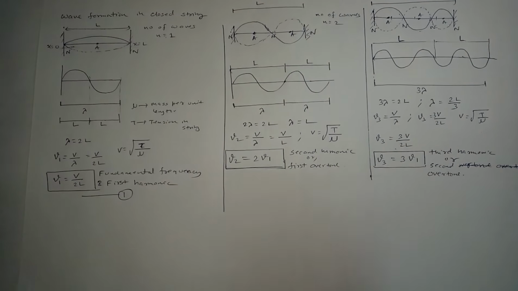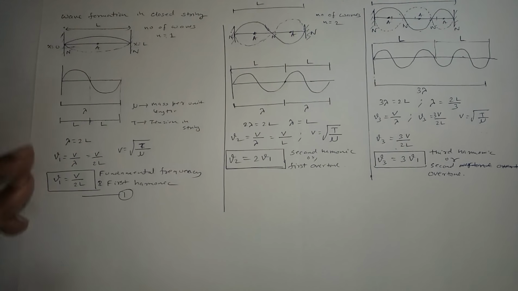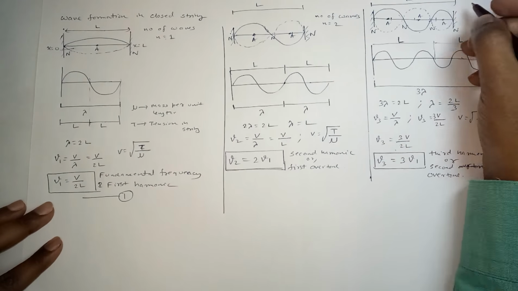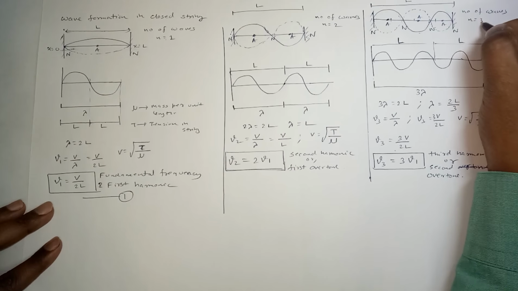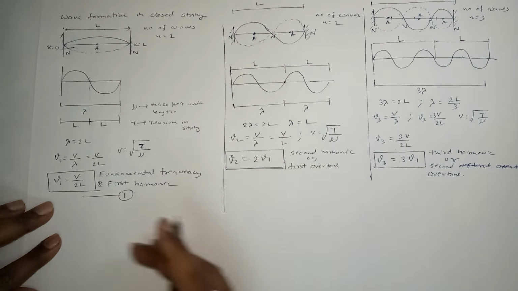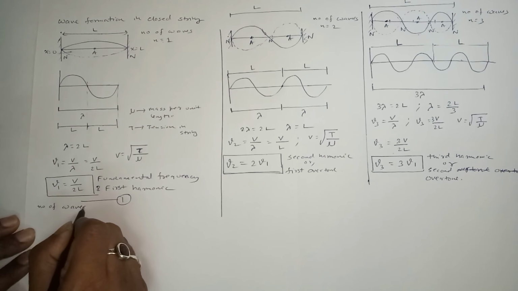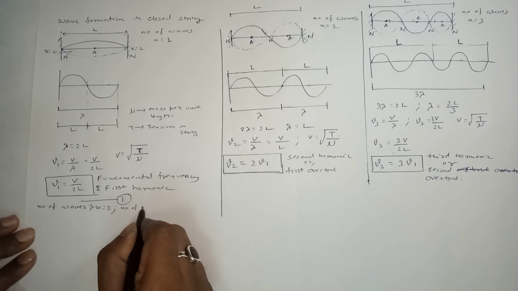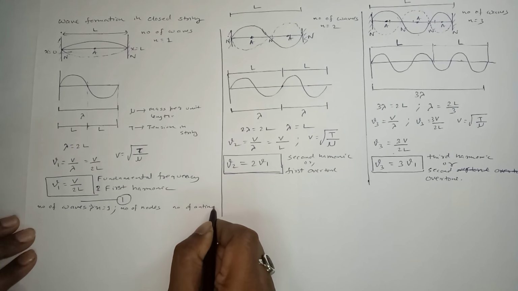Okay, so in this case you have to see that this was for n equals 1, this is for n equals 2, and in this case there were 3 waves, so here the number of waves n was equal to 3. For each case now count the number of nodes and the number of antinodes. In this case the number of waves n is equal to 1, and the number of nodes and antinodes.